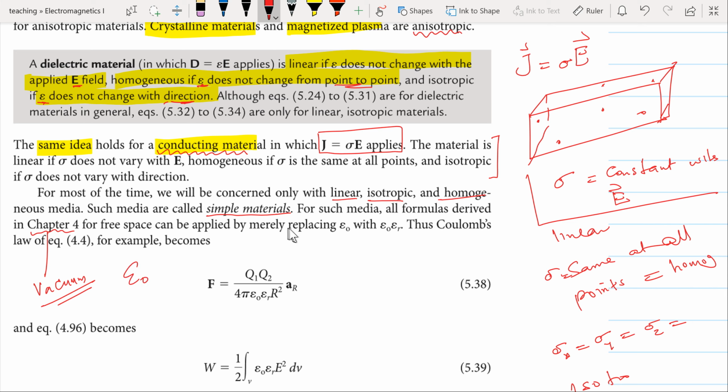But now, because we have a medium that has a constant epsilon, we are going to replace epsilon naught with epsilon naught times epsilon r, and we have already defined epsilon r as the relative permittivity of the medium. For instance, in Coulomb's law, the only change would be introducing epsilon r when you're dealing with a material that is simple, that is linear, isotropic, and homogeneous.